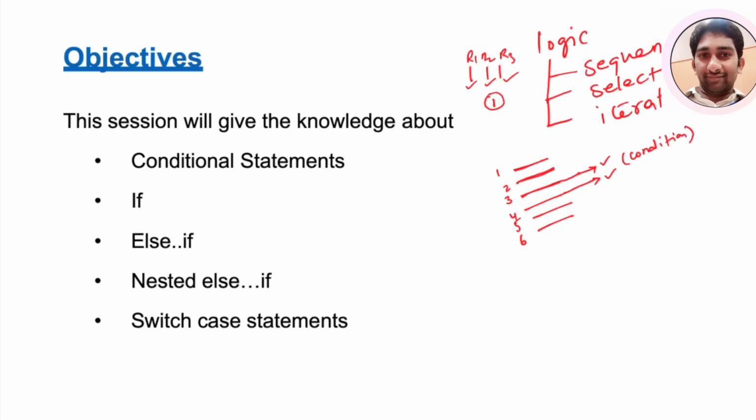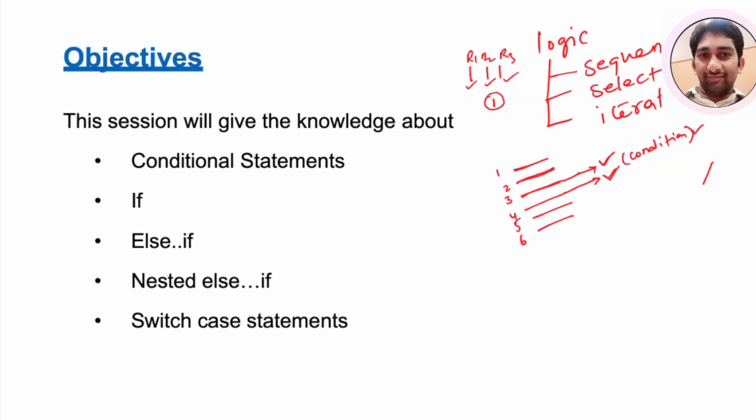For example, if my condition is true, then I will execute the third line. If my condition is false, then I will execute the fourth line. So this is what is known as a selection. Selecting a particular single statement or a block of statements based upon a condition is known as selection. Understand, this is one of the major ways you can build the logic.